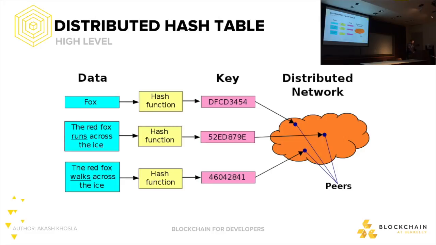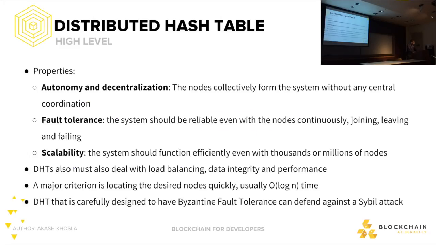So you might be wondering how we find what files are where, and we'll talk about that. But some of the properties of distributed hash tables are that the nodes collectively form the system without coordination. So there's a sense of autonomy and decentralization, but we'll see why that isn't always the case.